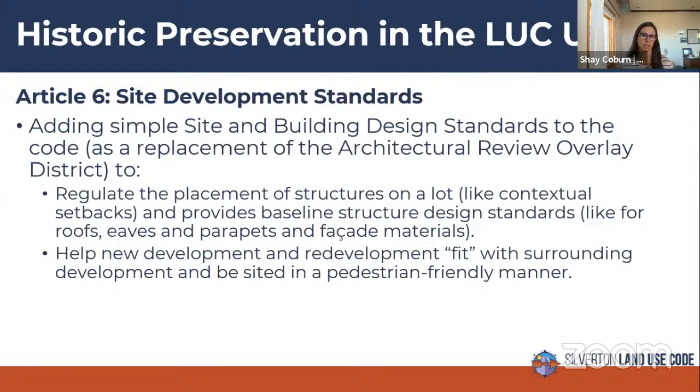This is a replacement of the architectural review overlay. There was some unpredictable language in the current rules that we were trying to get rid of and make really clear and standard.